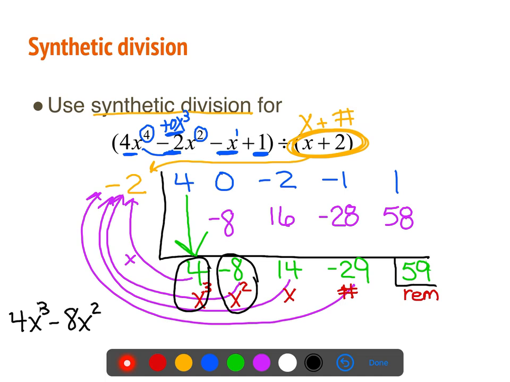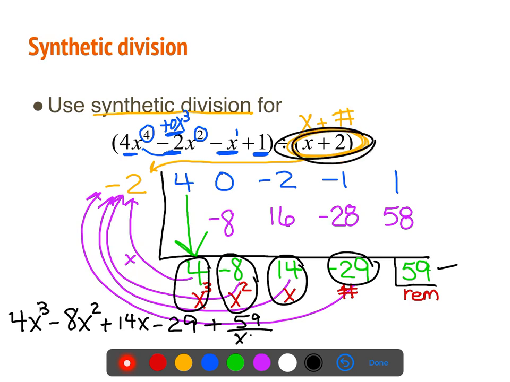And then now, here's how you write your answer. In this one here, I have 4x cubed. Here, I have negative 8x squared. And 14 x's.